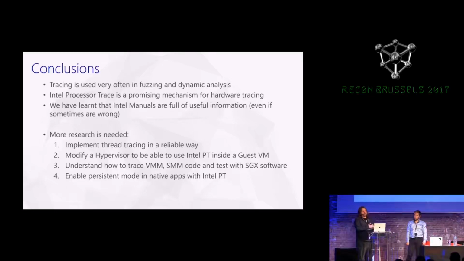There are capabilities of deploying Intel PT to trace things like SGX mode and SMM and VMM, and those are kind of future areas of work. And then also, my end goal is, of course, to get this fully supported with persistent mode and everything as well. One thing that we need to do as part of that is to finish the ETW-based thread context switch awareness, because we need to separate these logs out into a per-thread instance.